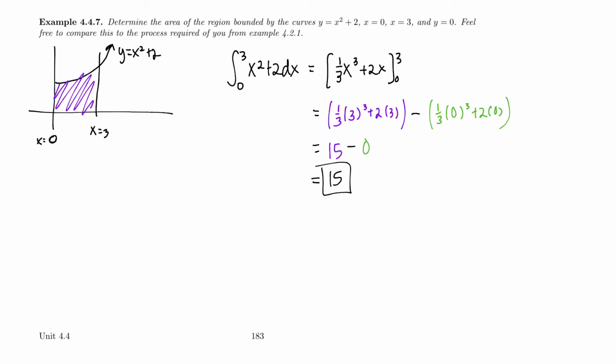Those are all good things. Yeah, this one was a lot less nasty. This one had a lot less fractions. And someone asked about using x cubed over 3 instead. Totally fine. If what you had was x cubed over 3 instead of 1/3 x cubed, they are the same exact thing and you'll get the same exact answer. So whichever makes your heart most happy.